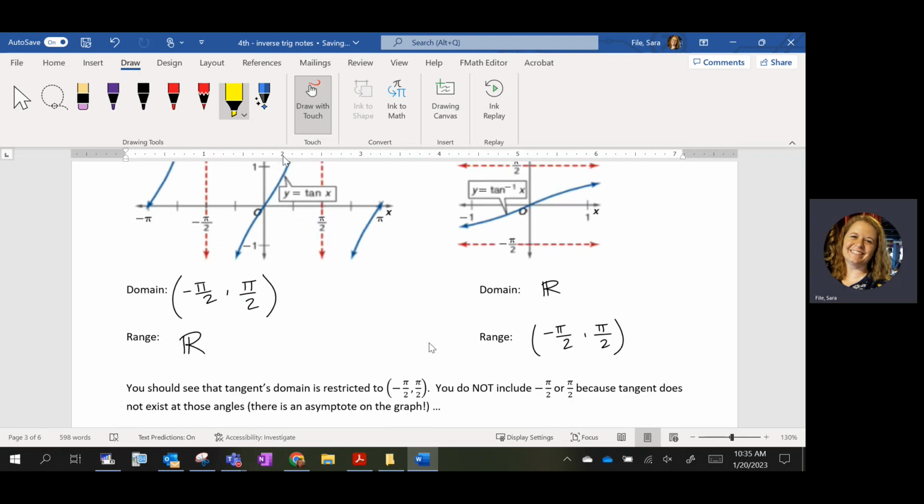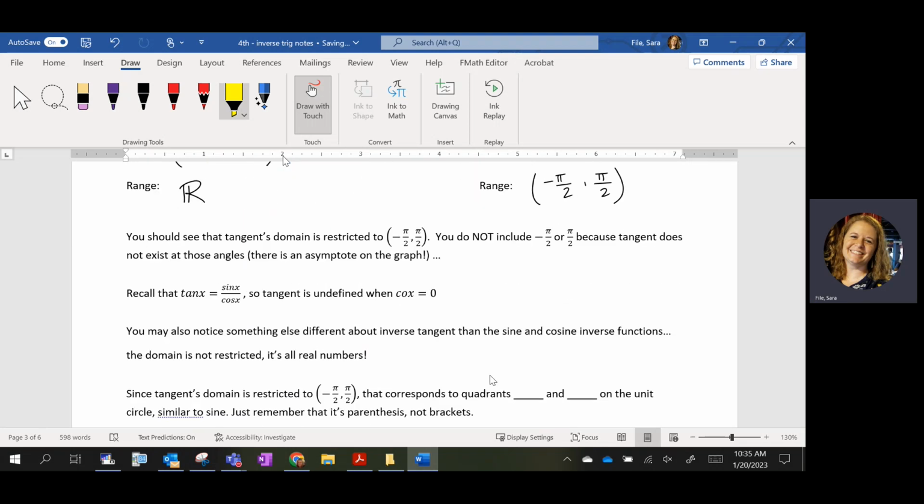Okay, so if you're between -pi/2 and pi/2, what two quadrants are we in again? If we're staying between -pi/2 and pi/2, 1 and 4, same as for sine. Okay, so I'm going to fill that in down here. This is going to be restricted.